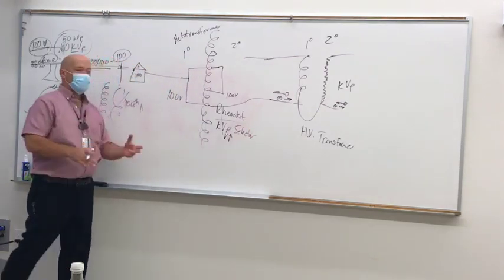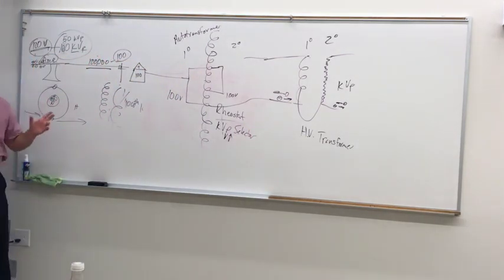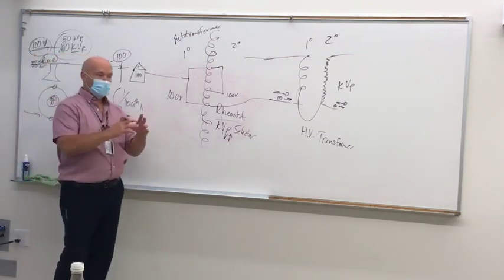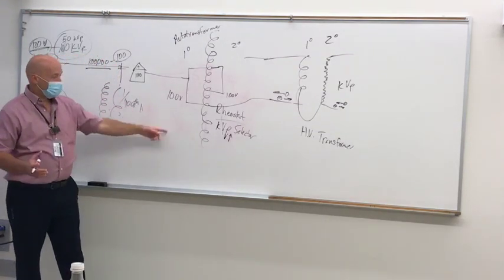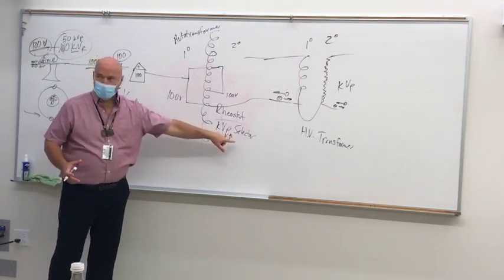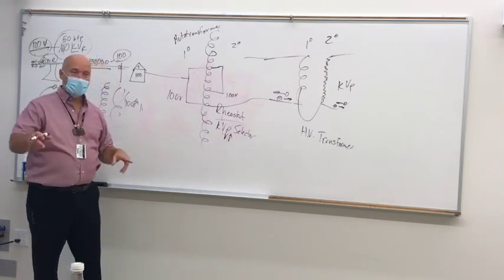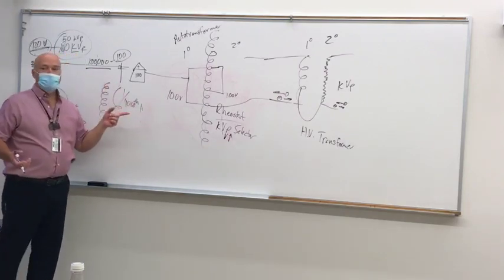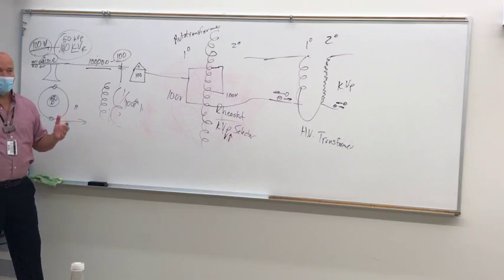Okay, you'll see when you get into clinicals some of the things we talked about on Monday: kVp, mA, and time on your control panel. When you adjust your kVp for an exam, let's say a hand versus a chest x-ray, you're going to use 110,000 volts or 110 kilovoltage for a chest x-ray.